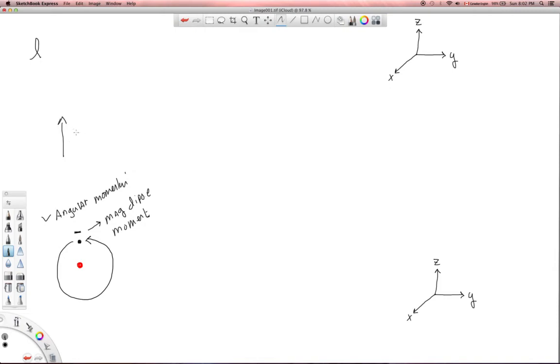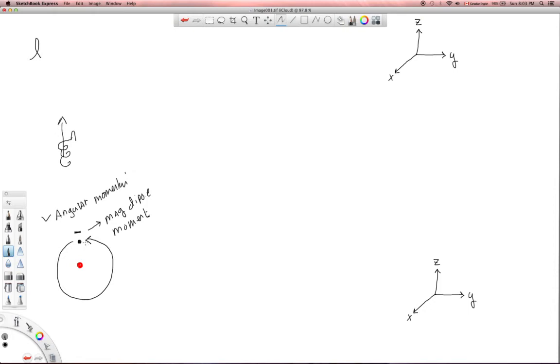I wrap my right hand around the wire, with my thumb facing in the direction of the current, and how my fingers curl around the wire is the direction of the magnetic field being created by that current.